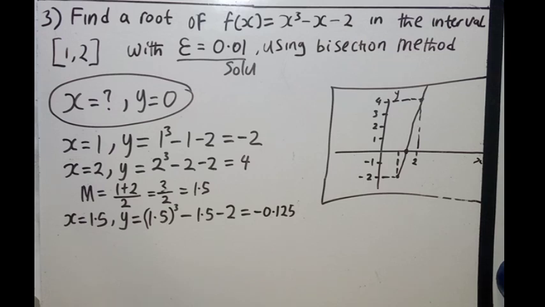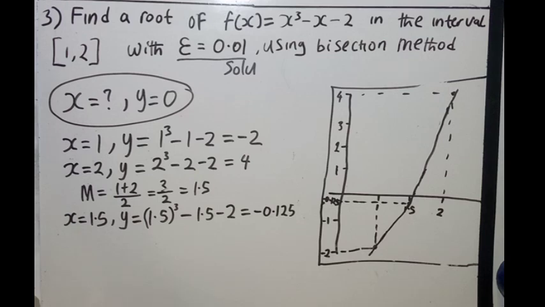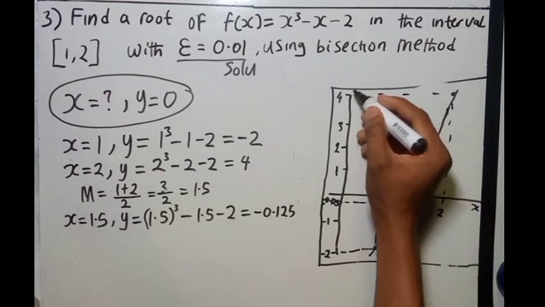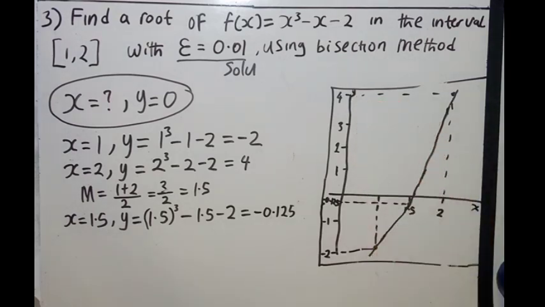So making our diagram a bit broader, this is a rough sketch. As you can see, my line is not actually straight, which it is supposed to be, but since it is a rough sketch, we're just going to be using that. So when x is 1.5, your y is minus 0.125. So we have plotted that.